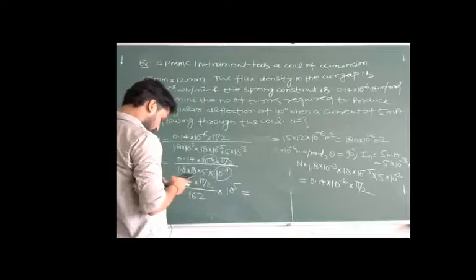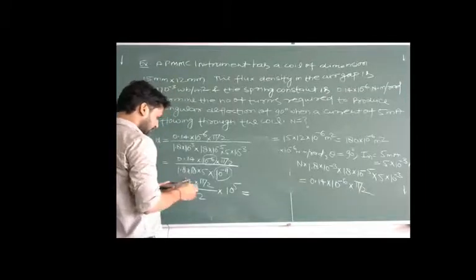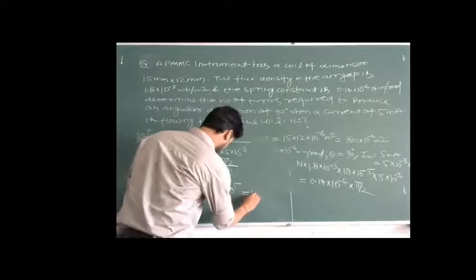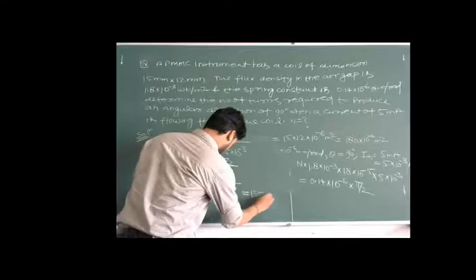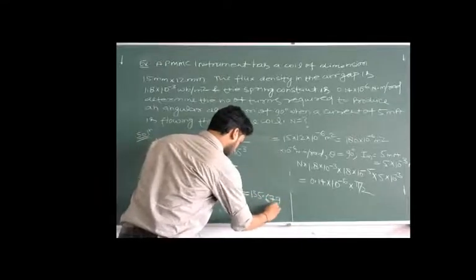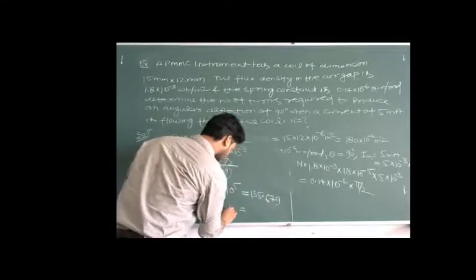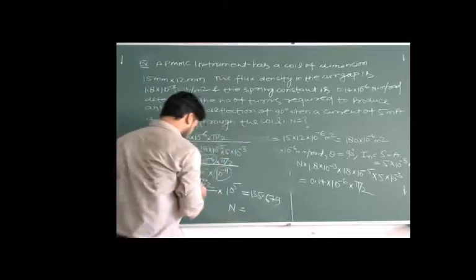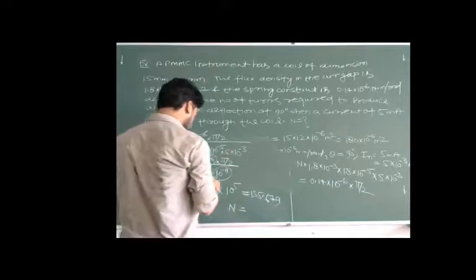divided by 162 into 10 power 5. This will become 0.679. Because this is the number of turns, it will be an integer value.